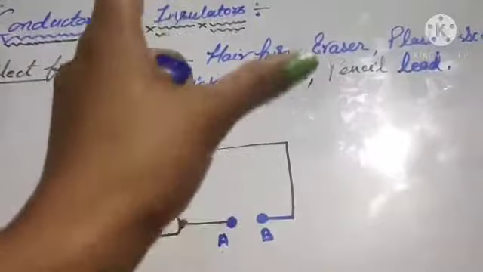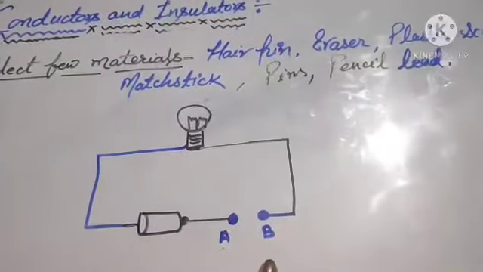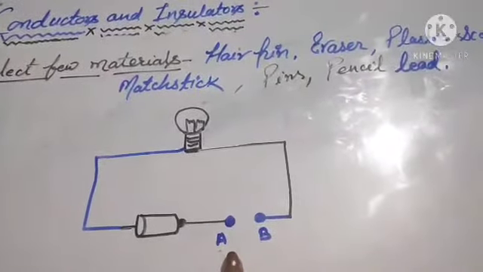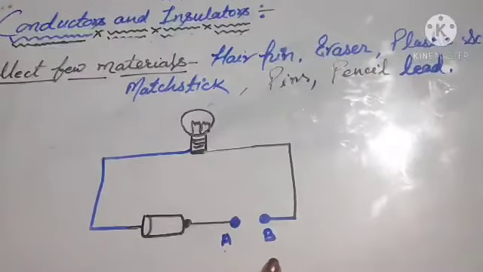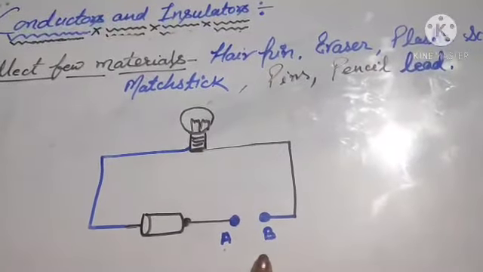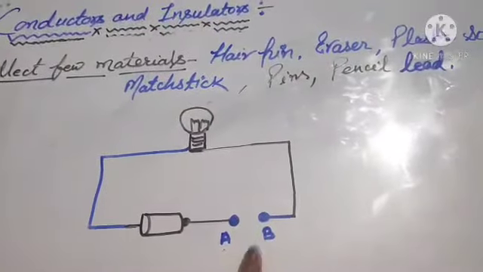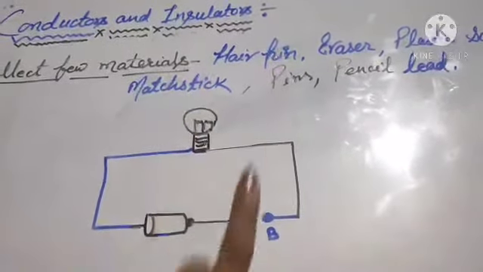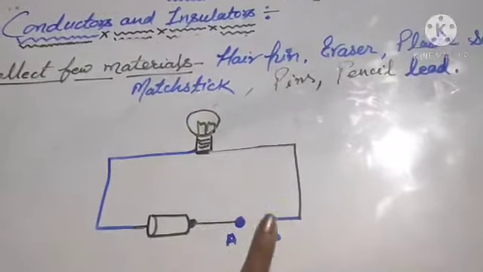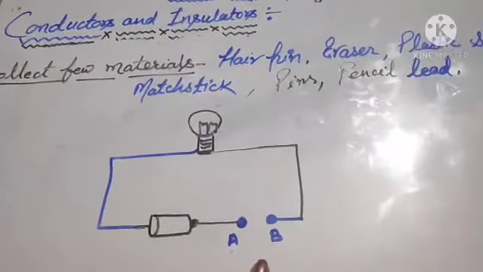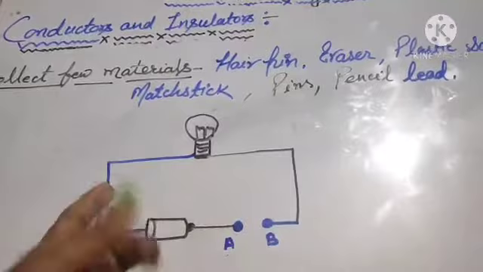Next, suppose the eraser is placed in between the gap of A and B. As you know, the eraser is made up of rubber, and in that situation the bulb does not glow. Why does the bulb not glow? Because rubber is an insulator, right?